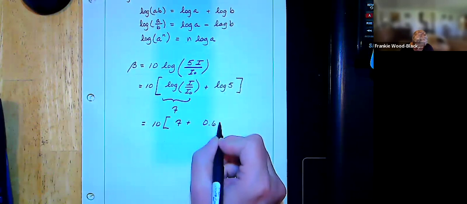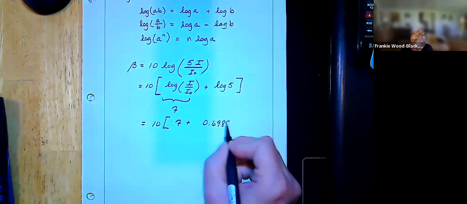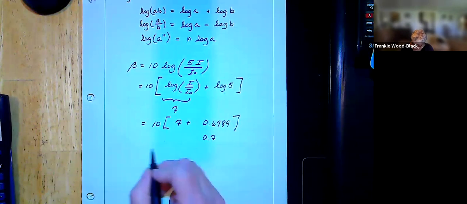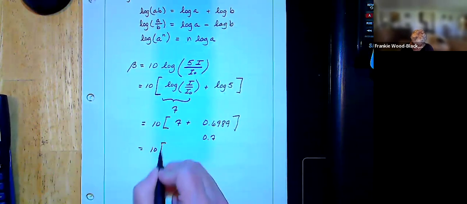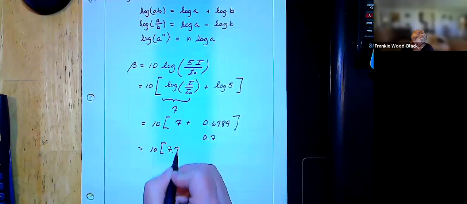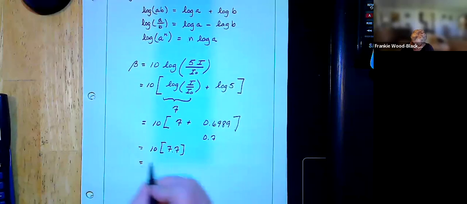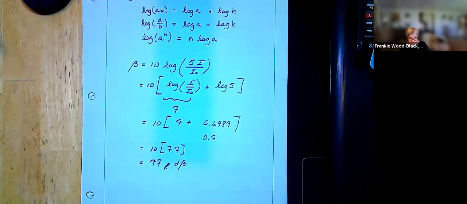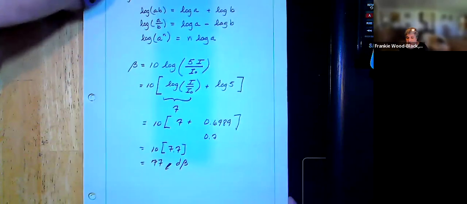is 0.6989, or we can go ahead and say that that's 0.7. So I get 10 times 7.7. My new level is going to be 77 decibels. So it does behave a little differently.